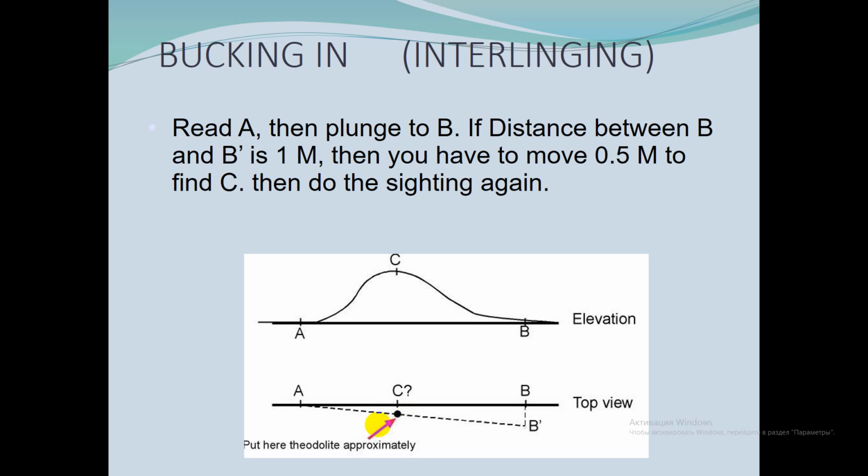This trial and error technique is repeated until, after sighting A, the transited line of sight falls on point B or close enough to point B, so that it can be set precisely by shifting the theodolite on the leveling head shifting plate.